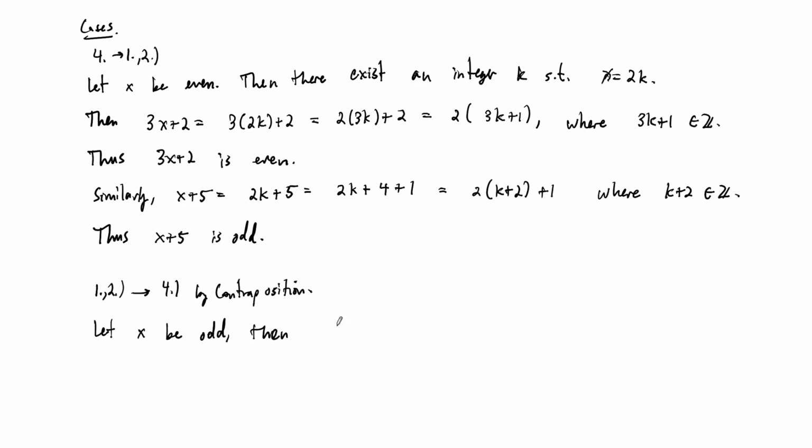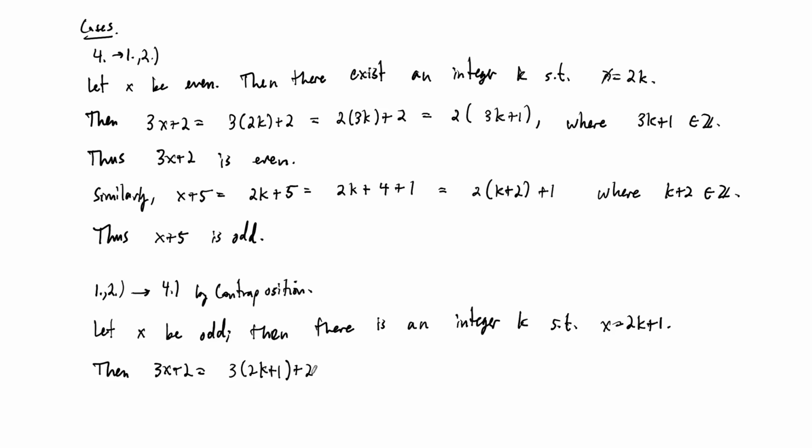And then there is an integer k such that x is equal to 2k plus 1. And now we just repeat the same arguments. So then 3x plus 2 is now equal to 3 times 2k plus 1 plus 2.